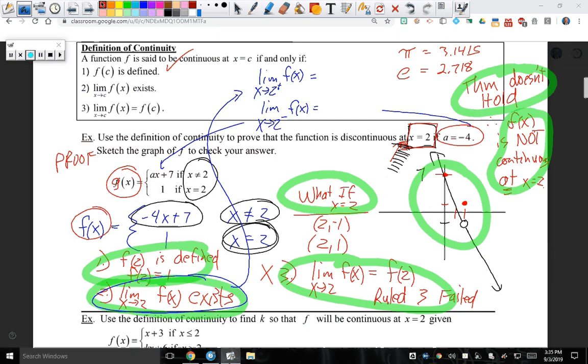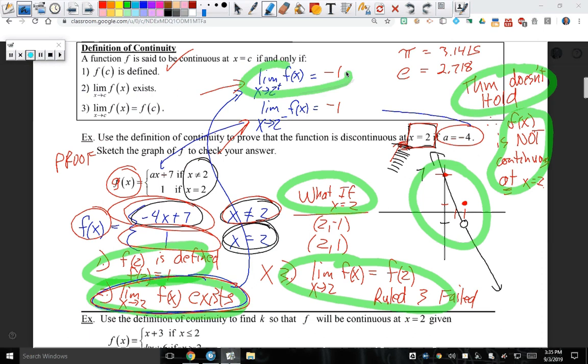Guys, can you tell me which one of these 2 piecewise functions do I use for both of these? The first one. So now I'm just going to put 2 in, right, for both of them, and what do I get? -1. And because those are equal, the general limit exists.